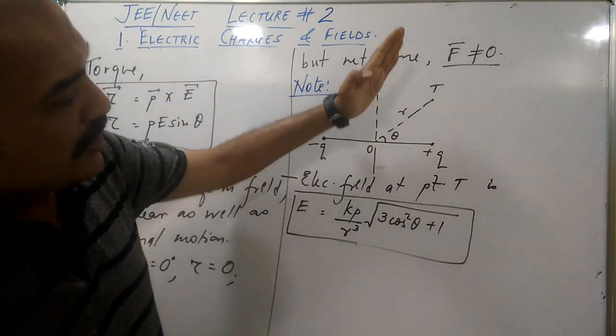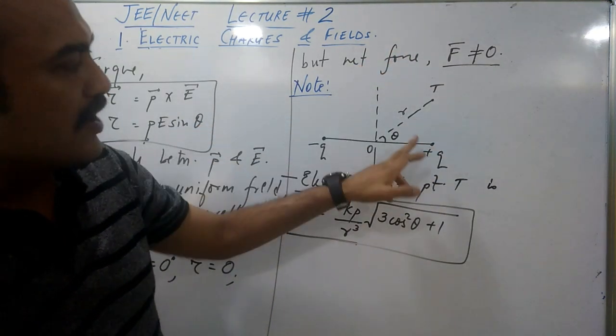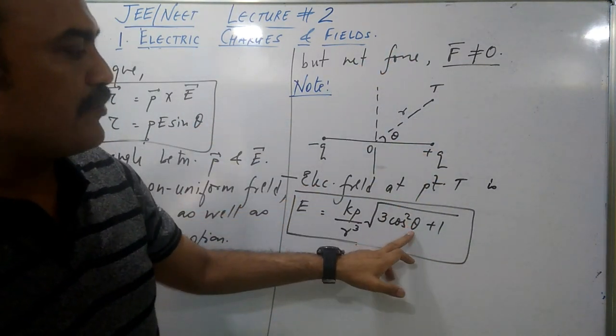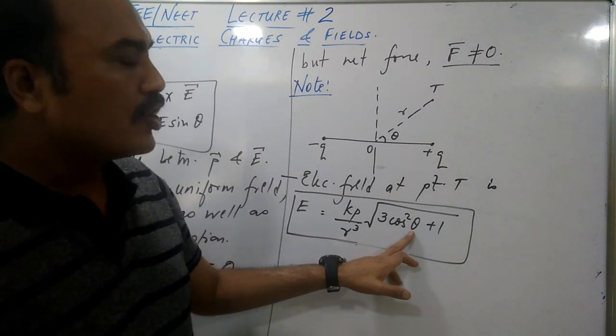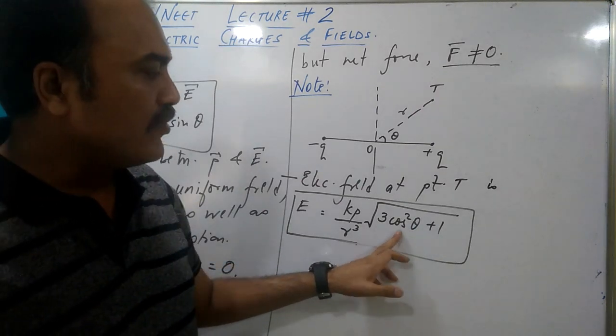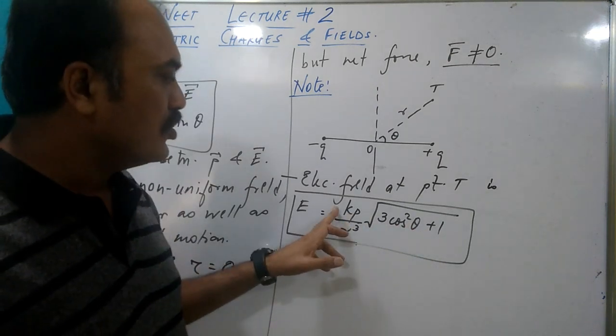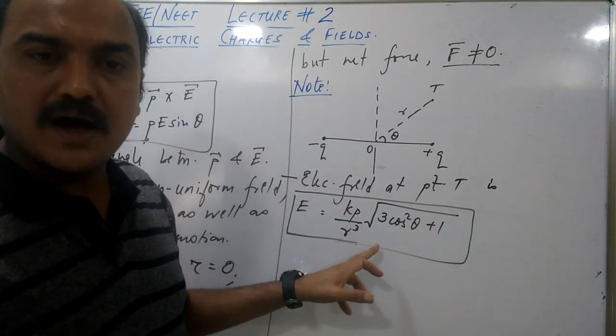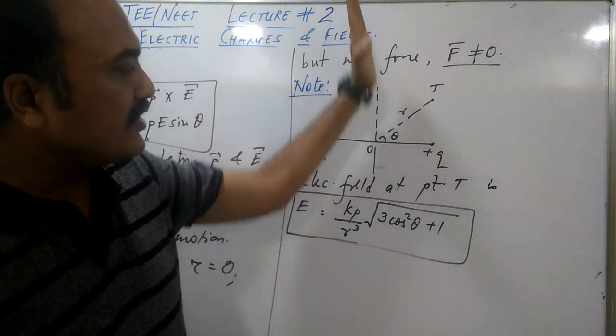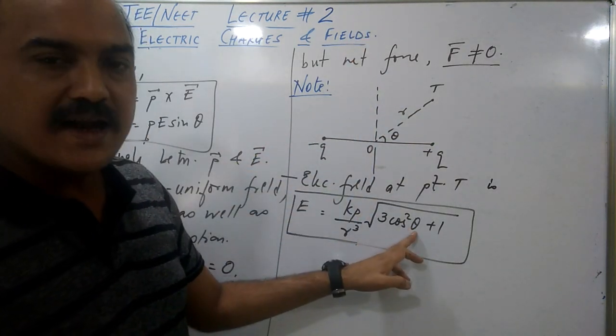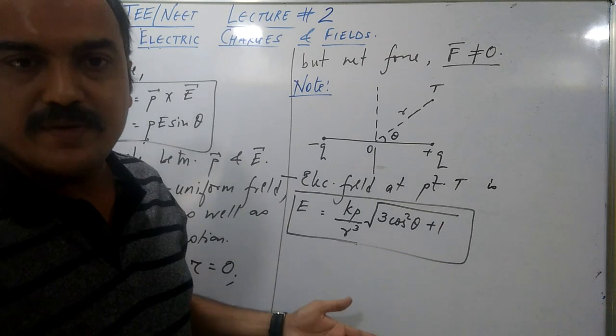If I were to take point T on the axis, you agree theta would be 0. So if I put theta as 0, then cos 0 will be 1. 3 ones are 3 plus 1, that would become 4, and root of 4 is 2. So you get 2 Kp by r cube. And if T would be on the equator, then theta would be 90 and cos 90 would be 0.